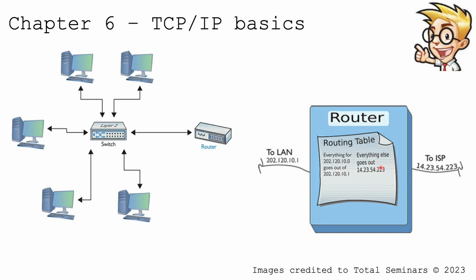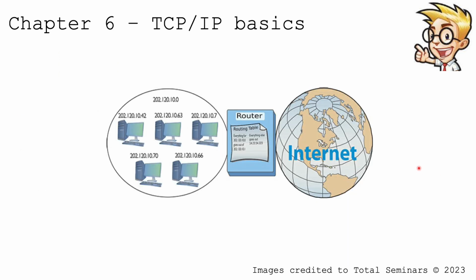Everything else goes out to this address. This address is our ISP, our public IP, the internet. So if you have something that's routing to a website that's out here, it'll see this and it'll go to the correct route. Okay, great. So that's basically how the internet works.